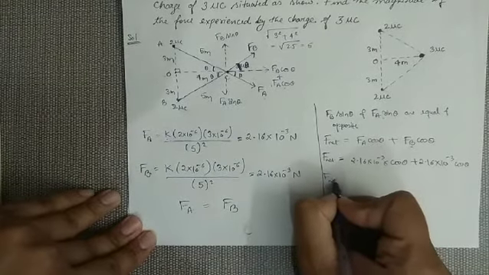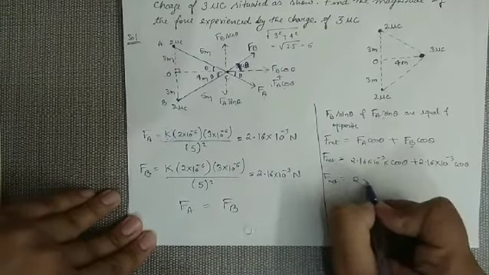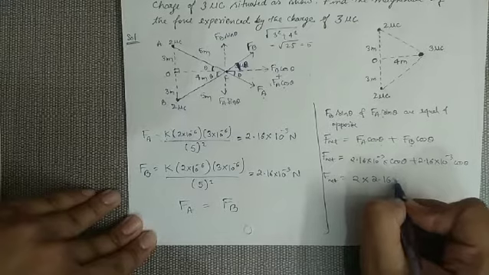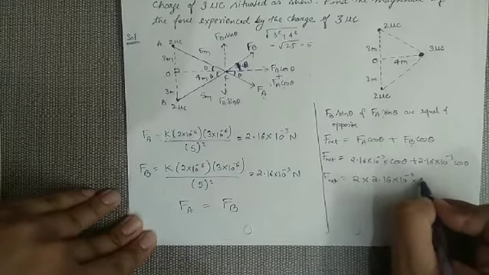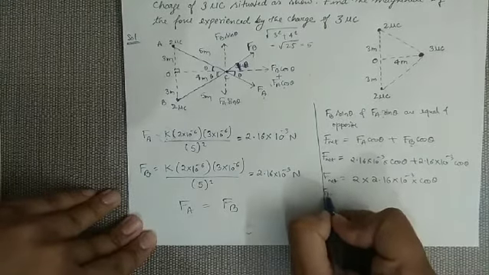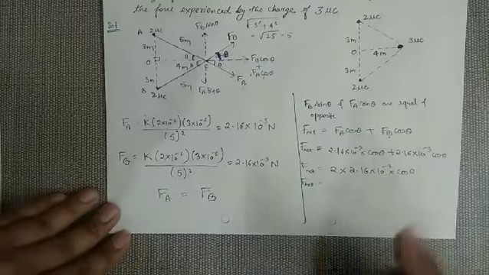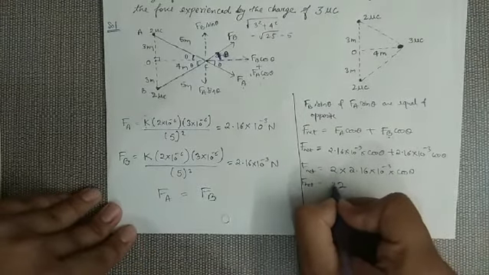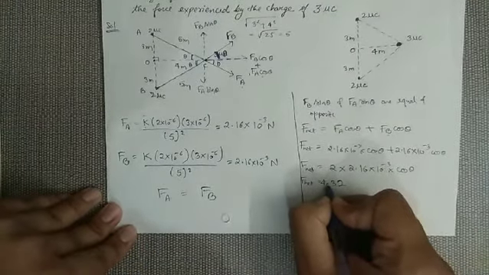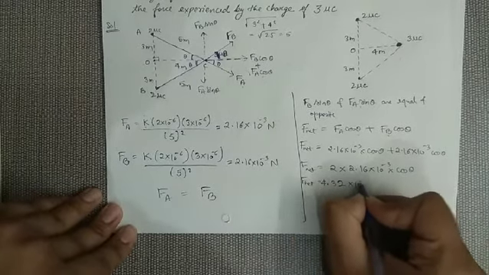Better to take it as 2 times. So 2 into 2.16 into 10 to the power minus 3 cos theta. Now substituting the value of this 2, it is 4.32 into 10 to the power minus 3.